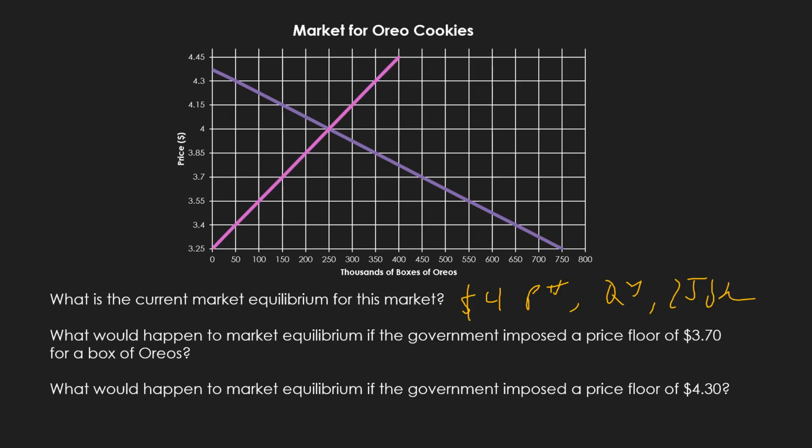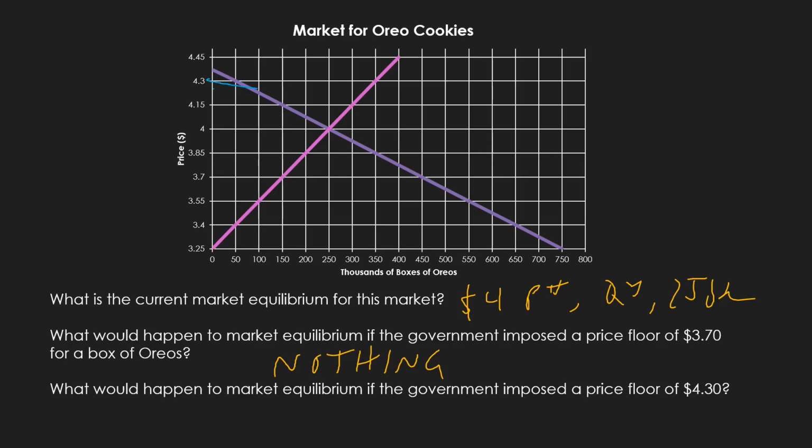Now, if the government imposed a price floor of 370, that means we can't go below this price. But equilibrium's already at $4, so nothing is going to happen here. But what if we impose a price floor of $4.30?